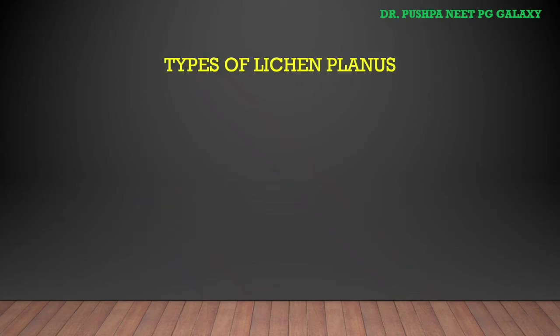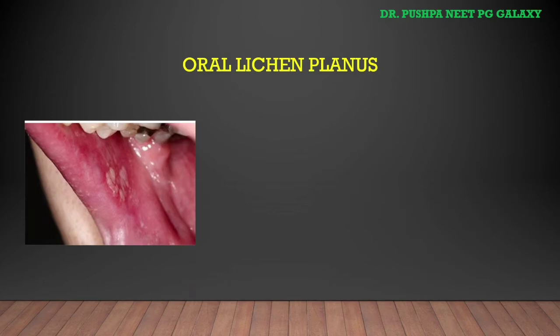Next we will study the different types of lichen planus based on location and characteristic features. First one is oral lichen planus. The most common form of oral lichen planus is the white crisscross pattern.